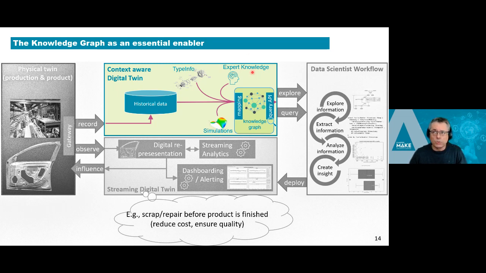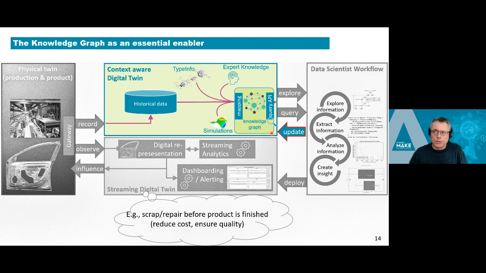Certainly, and that's what we will also focus on, you need to be able to integrate expert knowledge. The data is not enough. You want to add insights that have been previously created, or integrate simulations, and make all that information available in an integrated way. We see the knowledge graph as an essential enabler to do that.